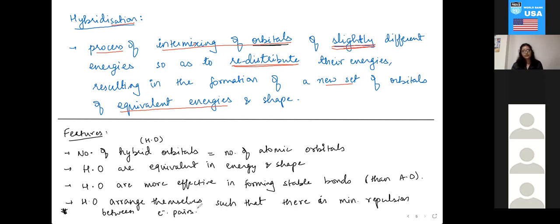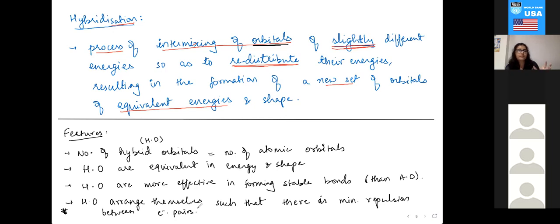Okay. So the features of hybridization: however many atomic orbitals go in, you get that many hybrid orbitals formed. Hybrid orbitals are equivalent in energy and shape.